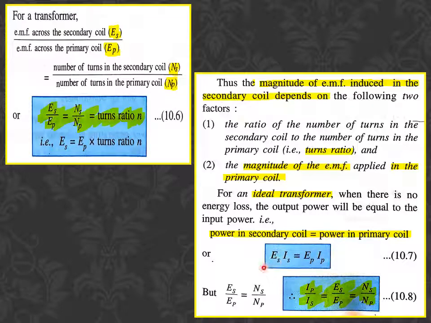So from this relation, we can write Es by Ep is equal to Ip by Is. We already know Es by Ep is equal to Ns by Np. Therefore, Ip by Is is equal to Es by Ep is equal to Ns by Np.